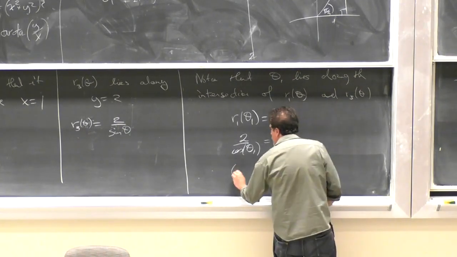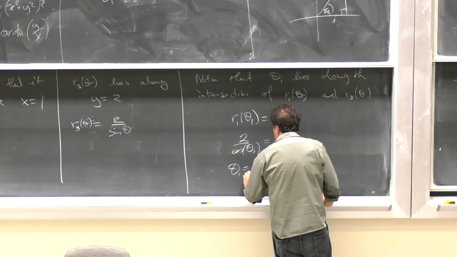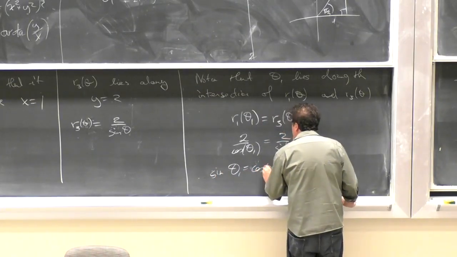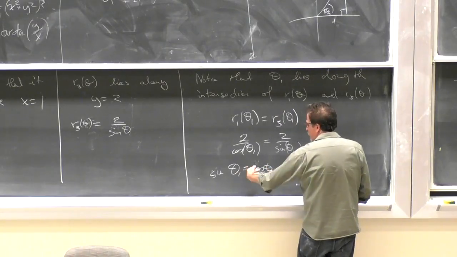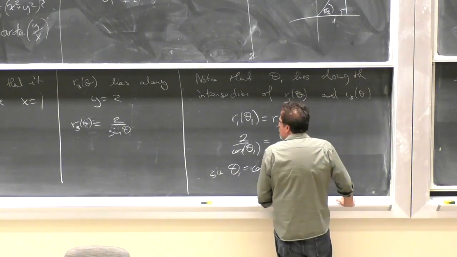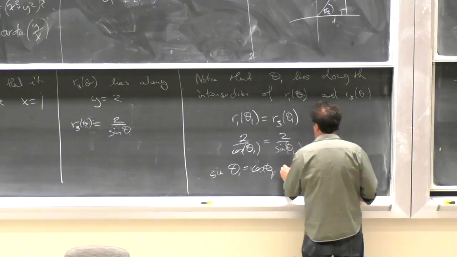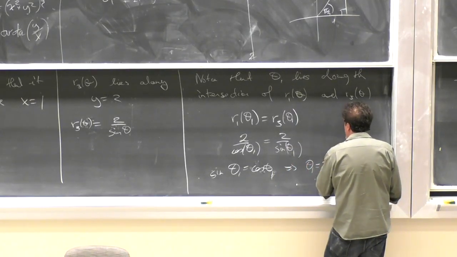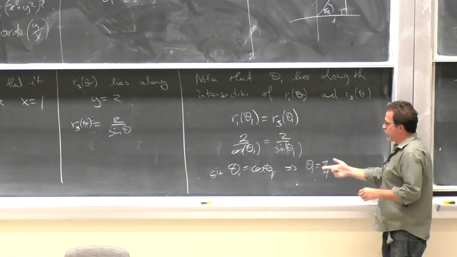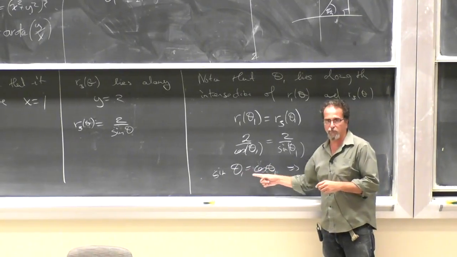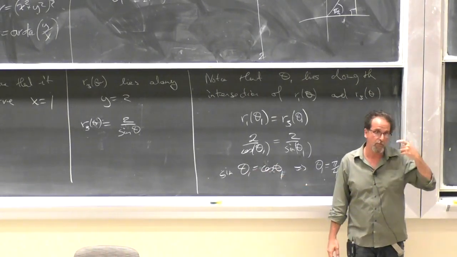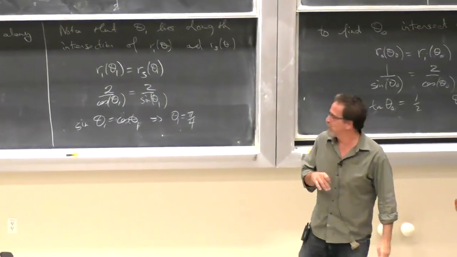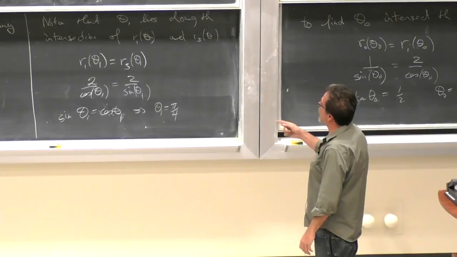This is a complicated nonlinear expression in general, but it's easy because we know that this is a particular case where theta 1 equals pi divided by 4, or the sine of theta 1 is 1 over the square root of 2, and cosine of theta 1 is 1 over the square root of 2. That's a special triangle. That's the one I remember. Okay? So now I got theta 1.